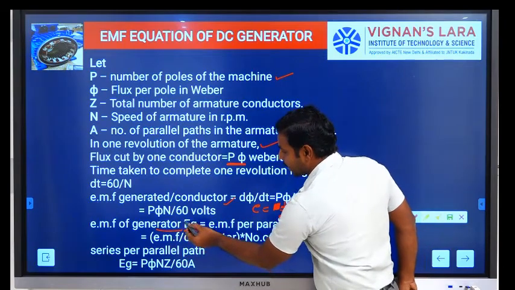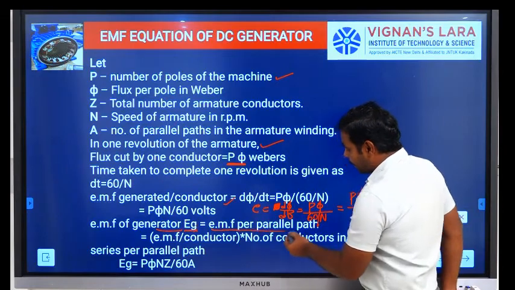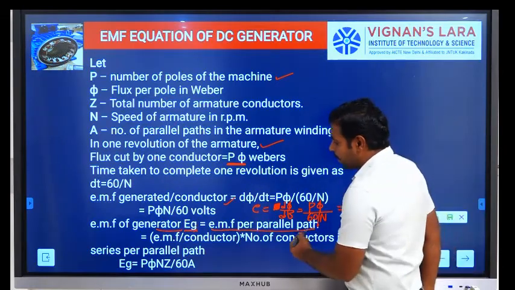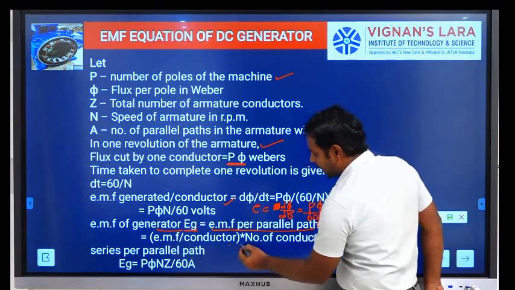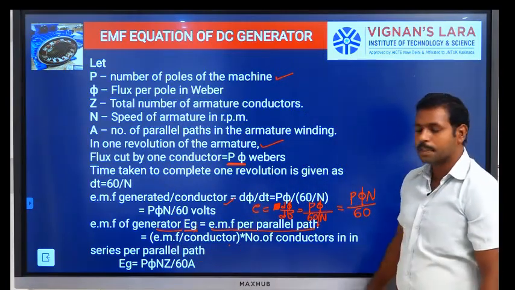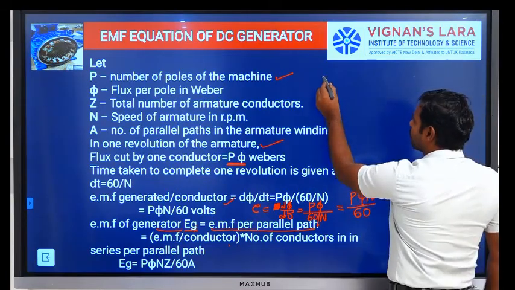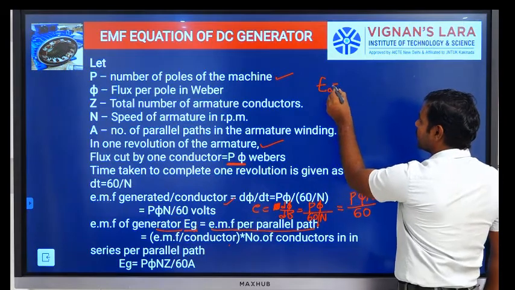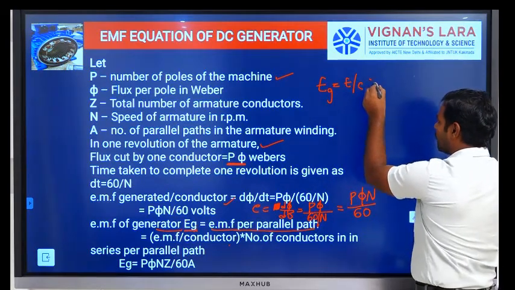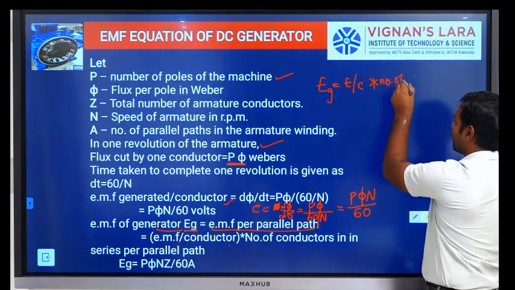EG, the generated EMF, is equal to the EMF per parallel path, which can be written as the EMF per conductor multiplied by the number of conductors in series per parallel path.